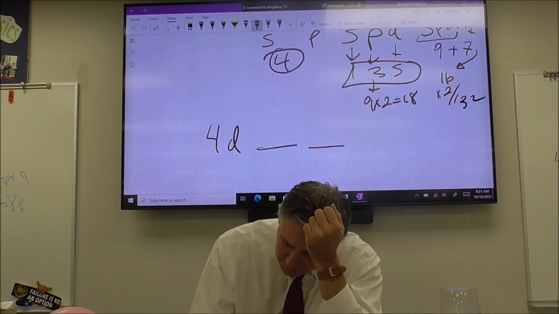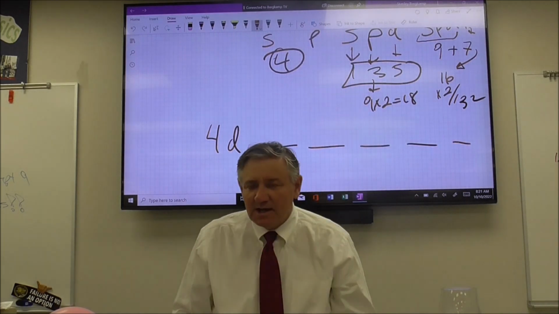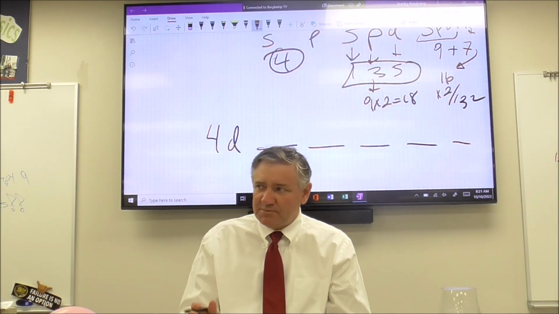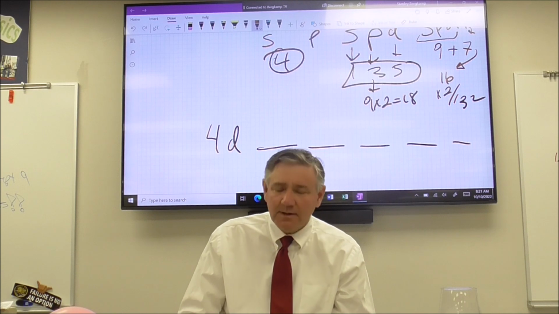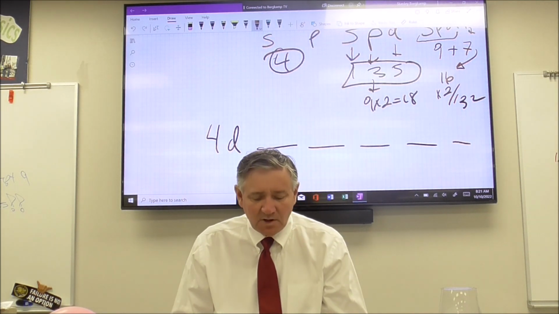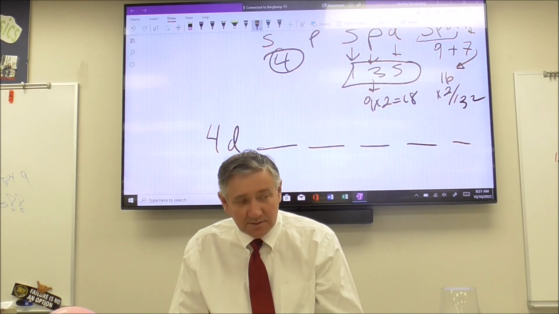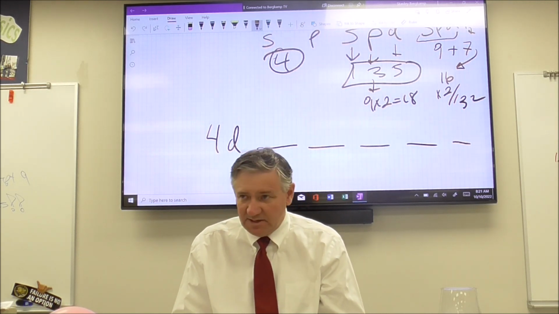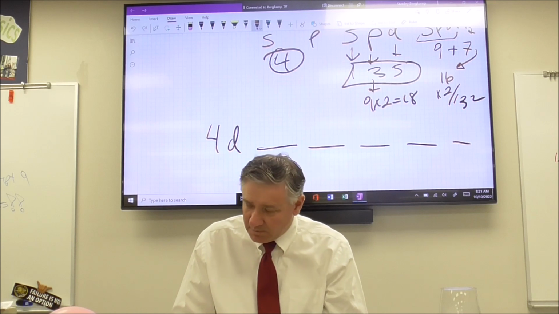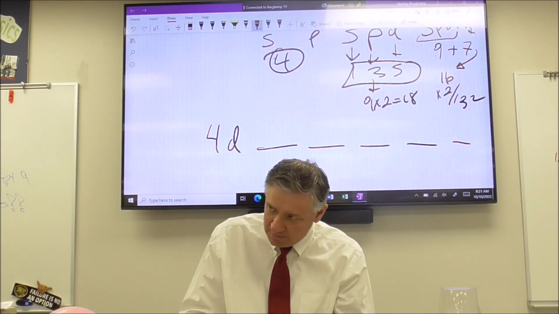So you've got 1, 2, 3, 4, 5. Each dashed line represents an orbital. Remember, you put 1 electron in each orbital until they're full, then you start to double them up.